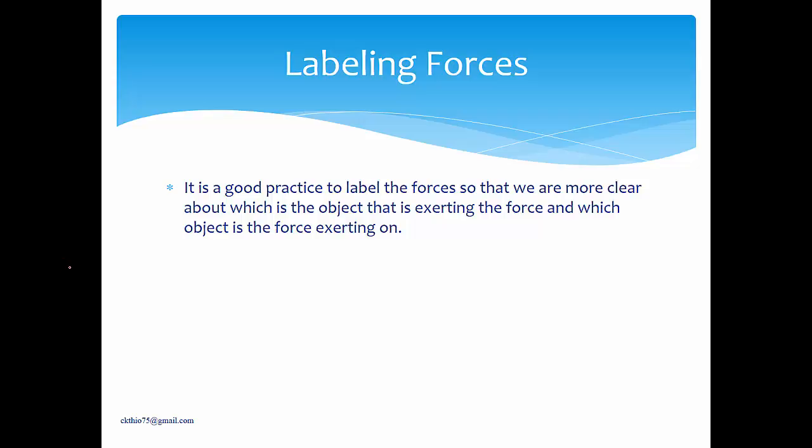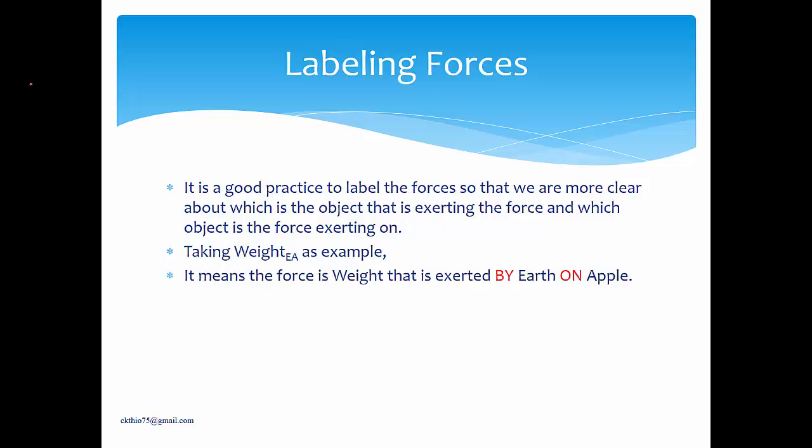It is good practice to label the forces so that we can be clearer about which object is exerting the force and which object it is exerted on. Take weight EA as an example. What does this EA mean? It means that the force is weight, exerted by the earth, represented by E, on the apple.